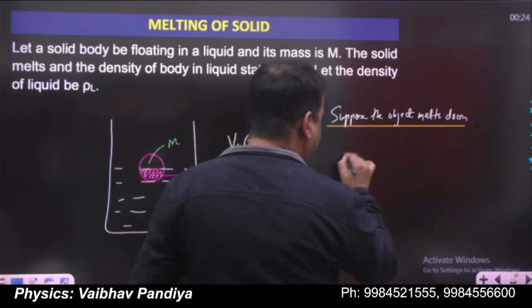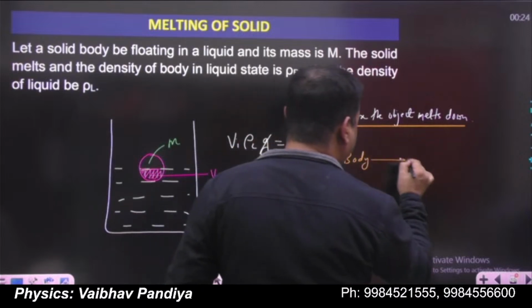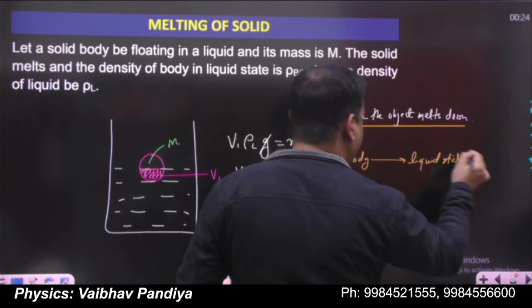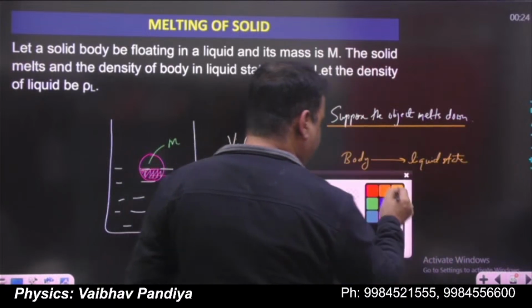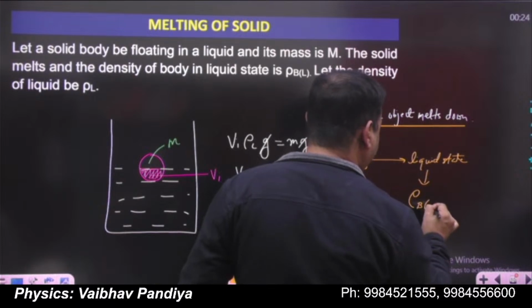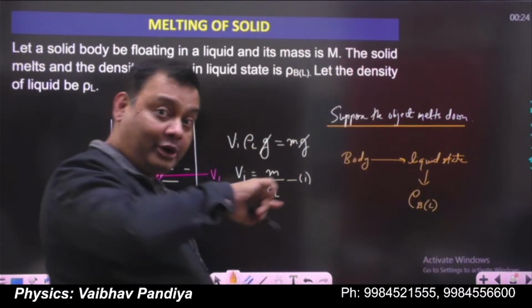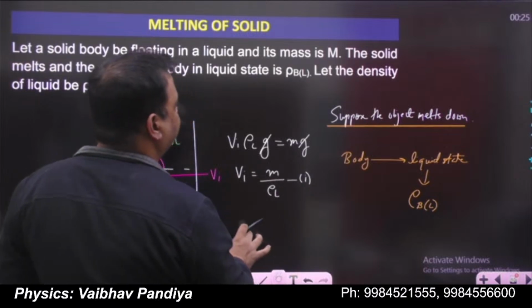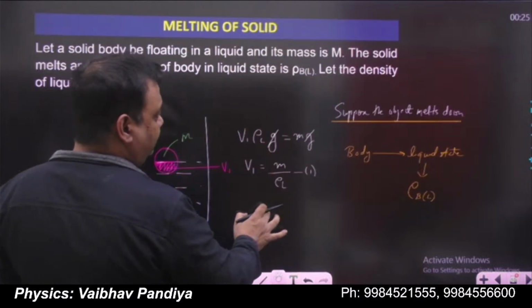The body will get converted into liquid state, and say the density of the body in liquid state is rho B L. We have to know this density.